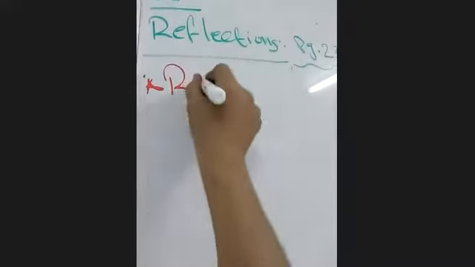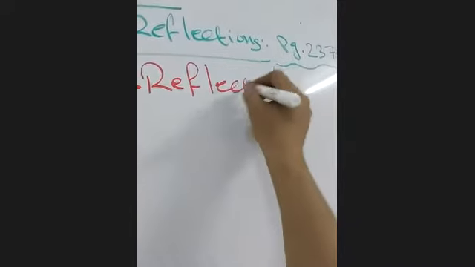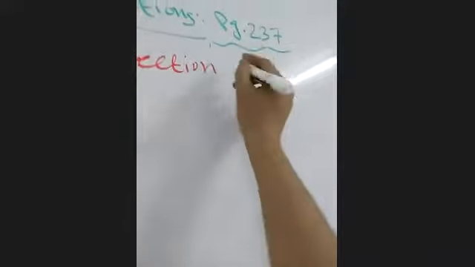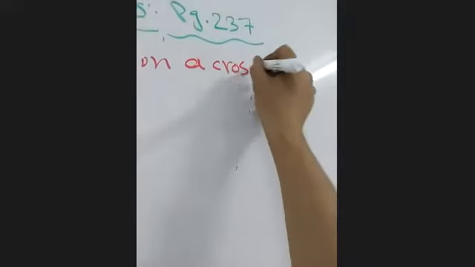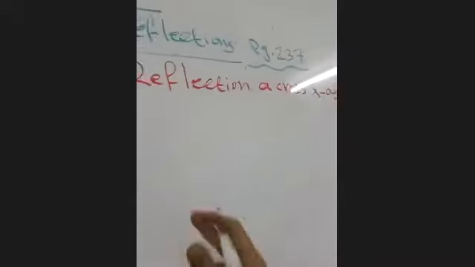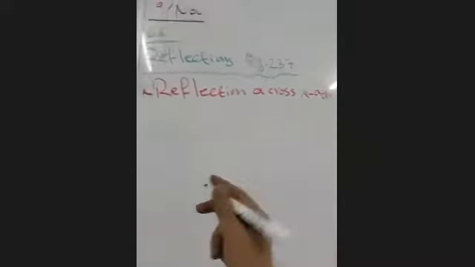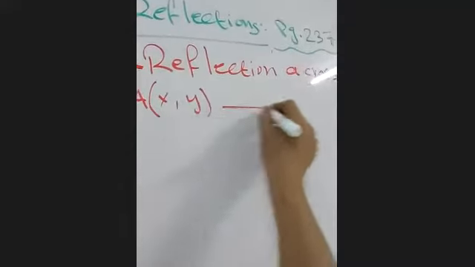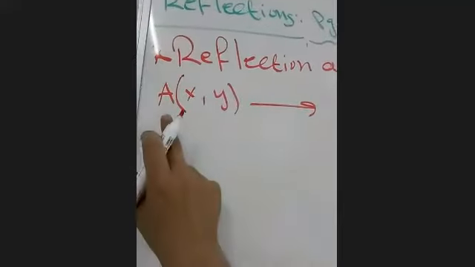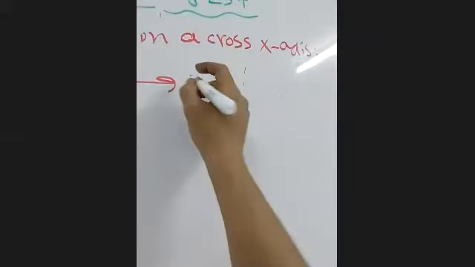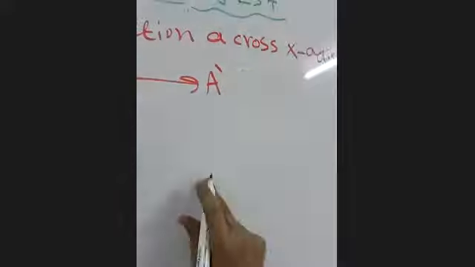First, reflection across the x-axis. The formula of the reflection across the x-axis is, if we have a point A, (x, y), then the reflection across the x-axis, we will call it A prime.